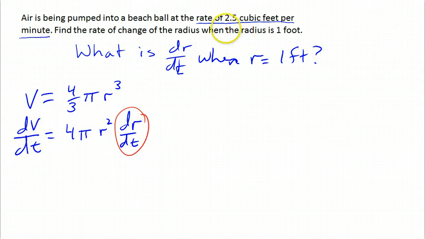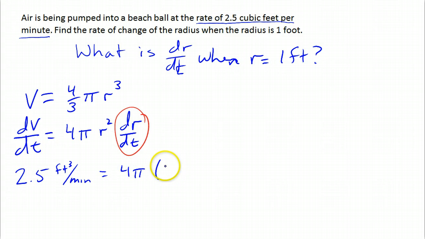We know dV/dt, it's 2.5 cubic feet per minute. So let's plug in what we know. 2.5 feet cubed per minute is 4 pi times 1 foot squared, and all of that is multiplied by dr/dt.